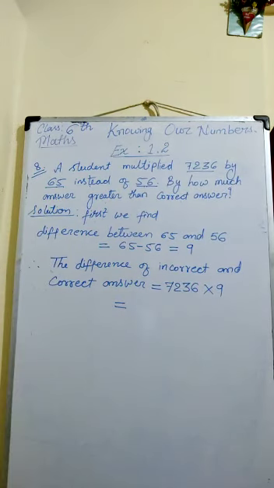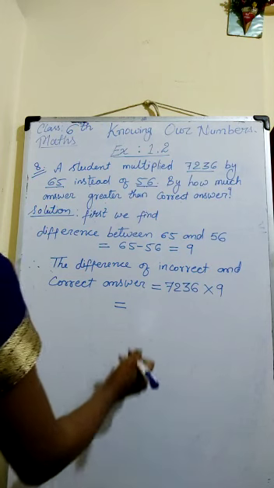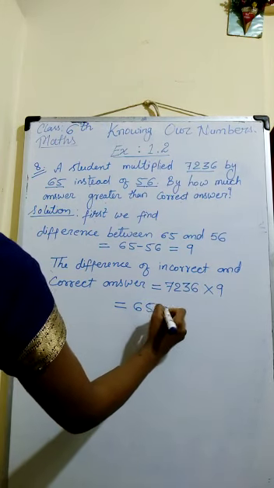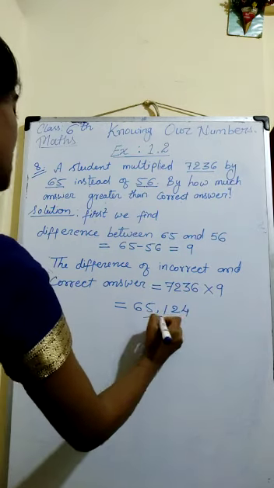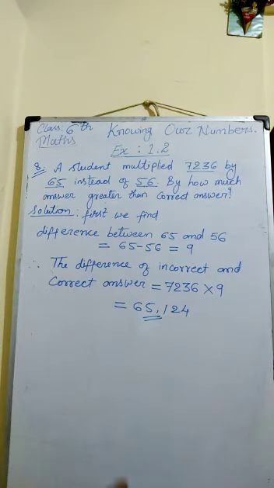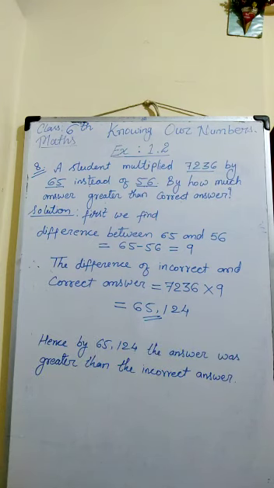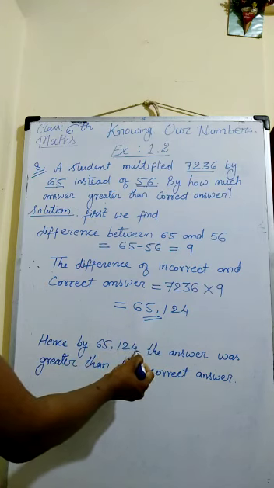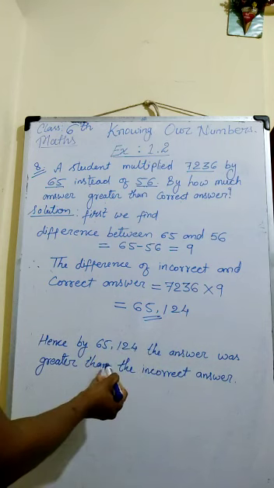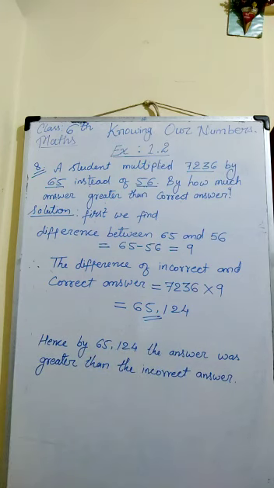So our final answer will be 65,124. This much difference we will get between the correct and incorrect answer. Hence, by 65,124, the incorrect answer was greater than the correct answer.